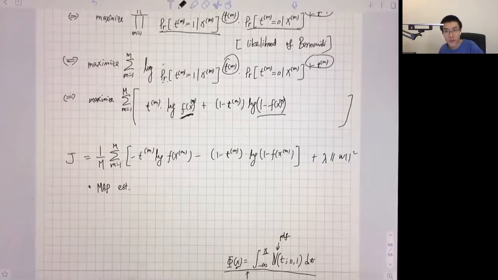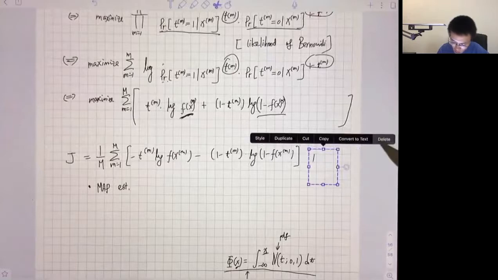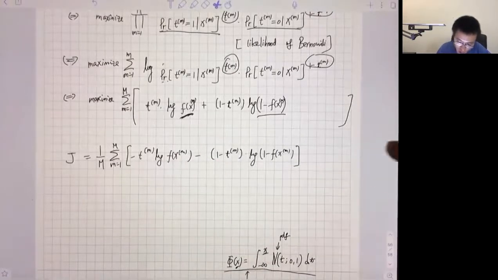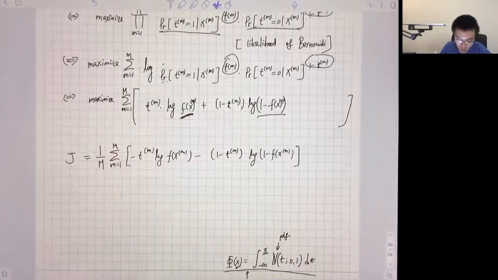Or you can do the Laplacian prior, which will give you the L1 penalty, which leads to a sparse solution. It's the same, so we're not going to repeat it here. So this is my maximum likelihood estimation for logistic regression.